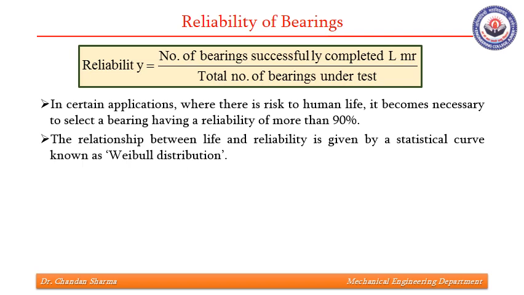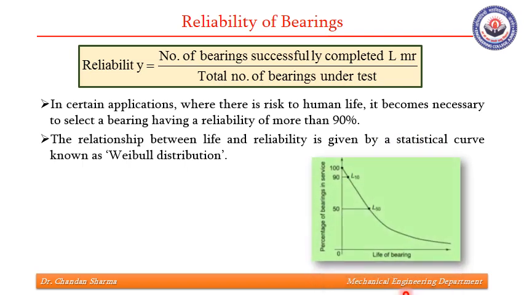The relationship between life and reliability is given by a statistical curve known as Weibull distribution. You can see over here that as reliability is increasing, the life of bearing is decreasing, and as reliability is decreasing, life is increasing. So there is exponential decay in the life as reliability increases.